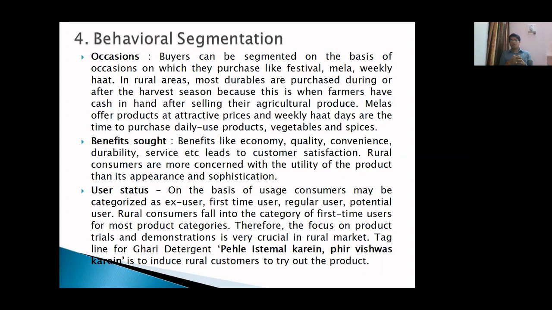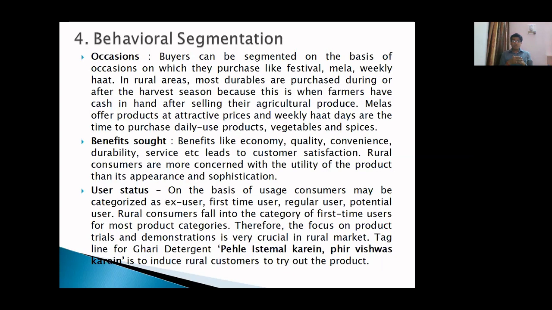People in rural areas are also preferring Mela. Why are they preferring Mela? Because they could get the product at attractive prices there. They could negotiate on price and purchase. Weekly haats are there in rural areas where people purchase products of daily use, vegetables and spices.